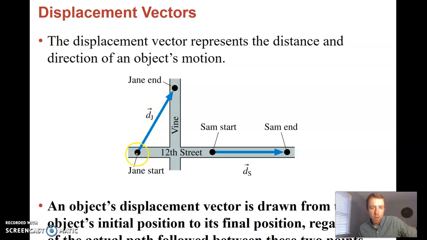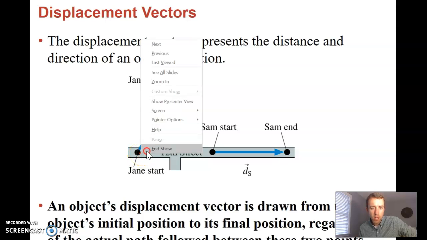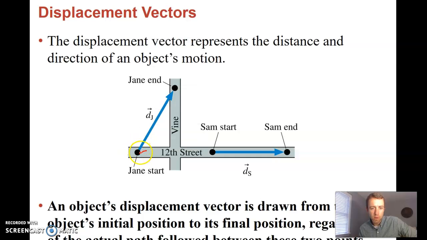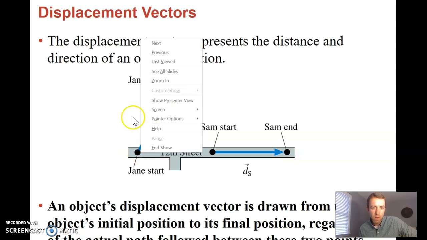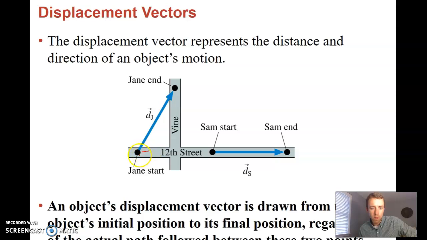So we take a look at what made up Jane's path. Jane's path did start here, and went down 12th Street to the east, and then went up Vine, and ended up at that final point. And so the total distance that Jane covered would be the two red lines, but the total displacement would be the blue vector.